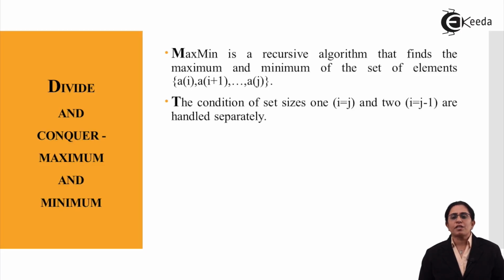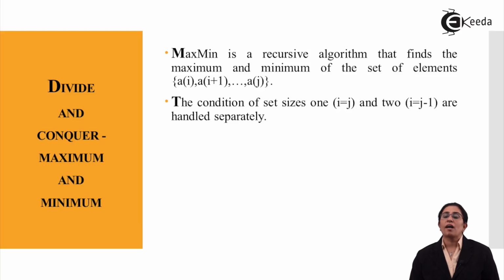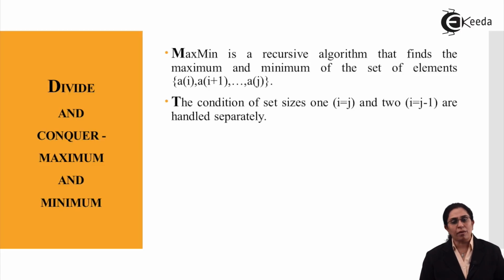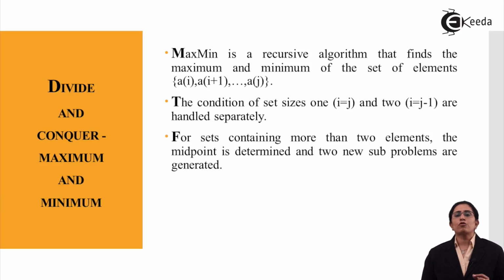The conditions of set sizes, the first one is i equal to j and the second one is i equal to j minus 1, are handled separately. That means that if I have only one element in the array list, then the first element is considered as the max and the min where i is equal to j, and if i is equal to j minus 1, or the size is greater than 2, then both the cases are handled in a different manner.